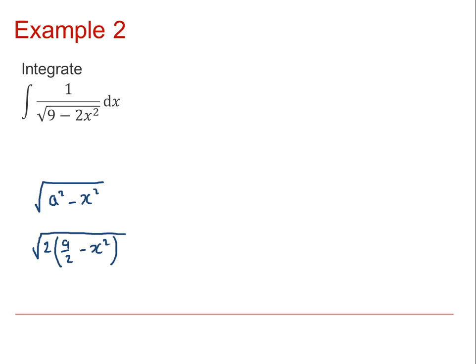So we can rewrite this integral as the integral of 1 over the square root of 2 multiplied by 9 over 2 minus x squared, with the square root going right over that bracket there.